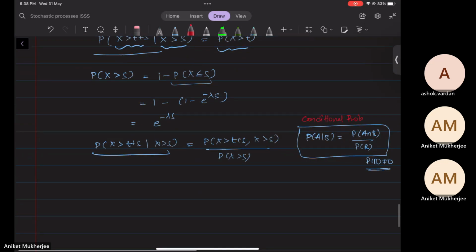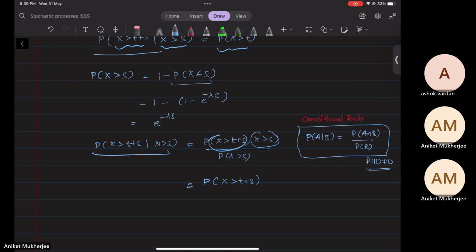Okay, so this is equal to the probability that X is greater than t plus s. This is an event where X is greater than s, and this is an event where X is greater than t plus s. You need the intersection of both events. If X is greater than t plus s, then obviously X is greater than s. But X greater than s does not imply that X is greater than t plus s.